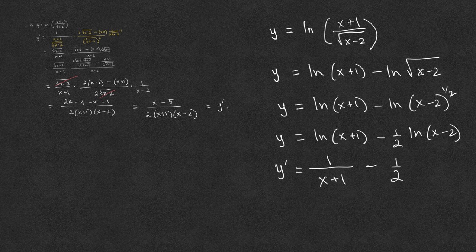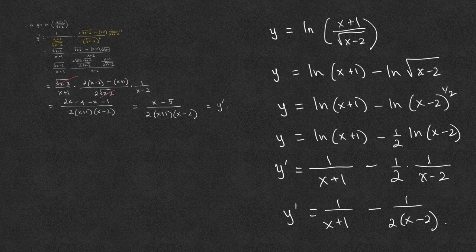Minus 1/2, the derivative of ln of x minus 2 is 1 over x minus 2. And so the answer is 1 over x plus 1 minus 1 over 2 times x minus 2.